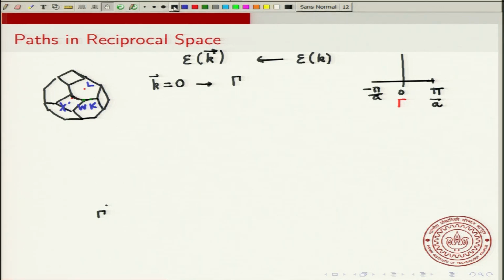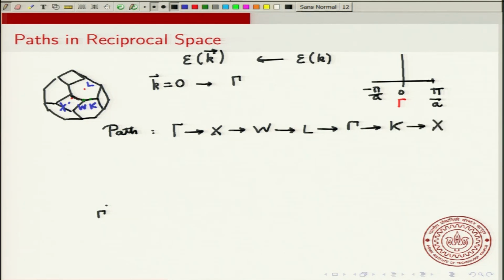Here in higher dimensions you will go from the gamma. So one example of a path is gamma to X to W to L to gamma to K to X.